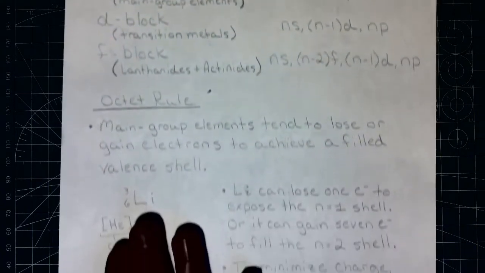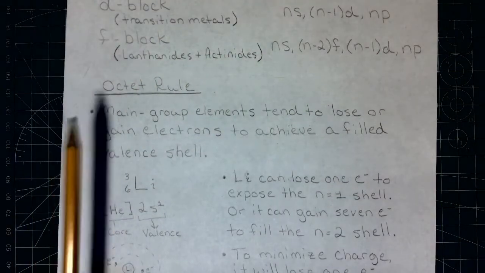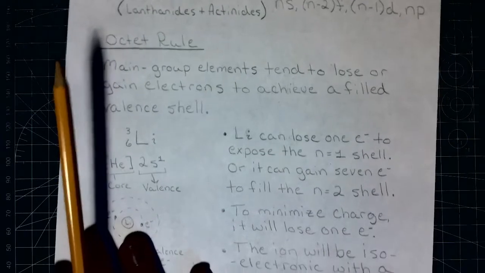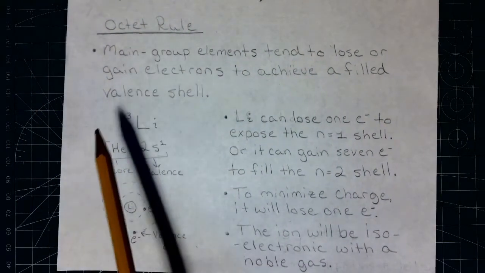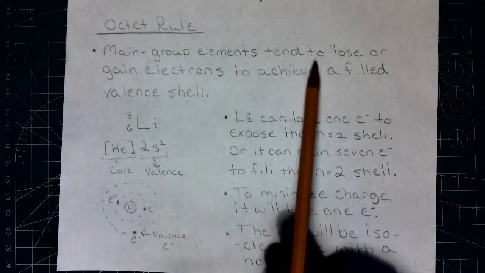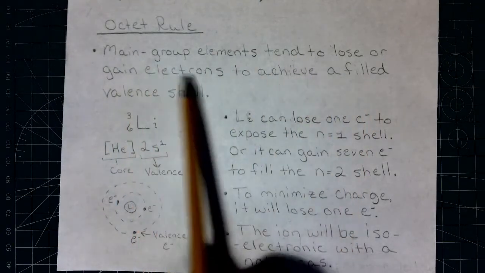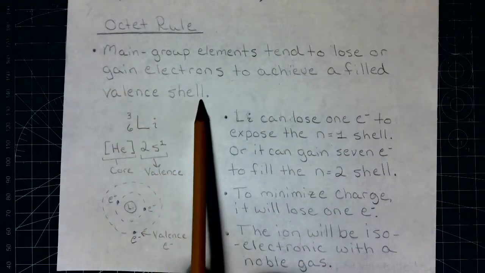Now I want to introduce something you may have heard about before if you ever took a high school chemistry class, called the octet rule. This is where the main group elements tend to lose or gain electrons to achieve a filled valence shell.